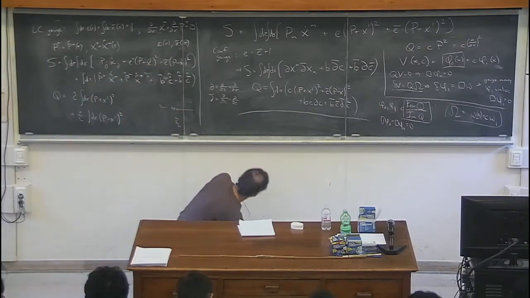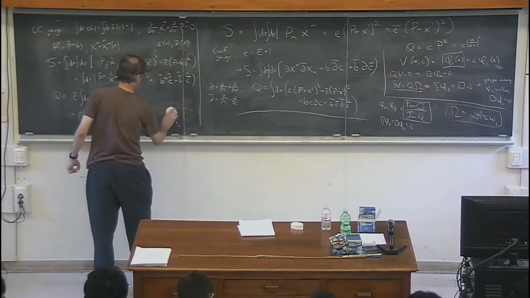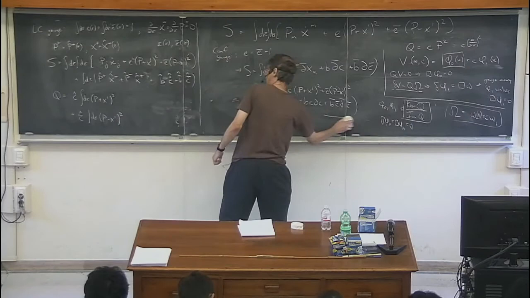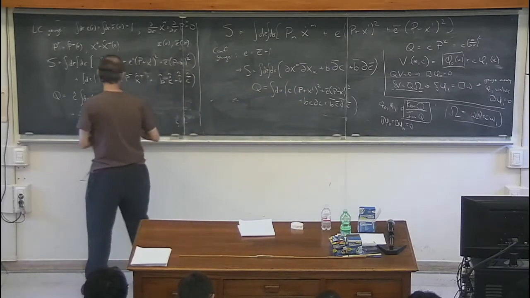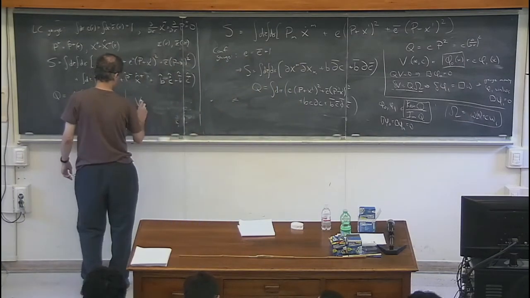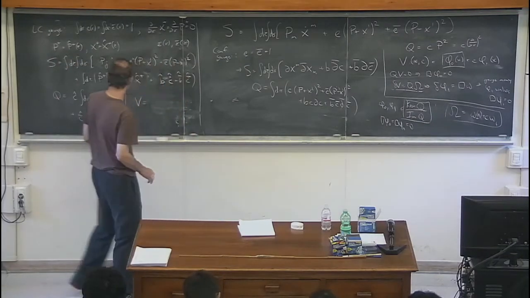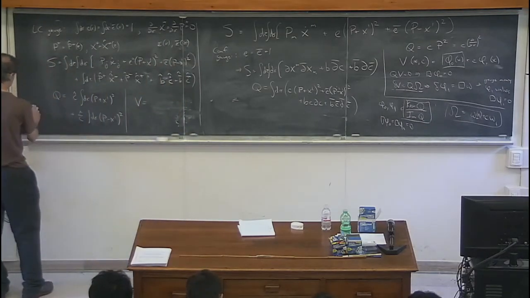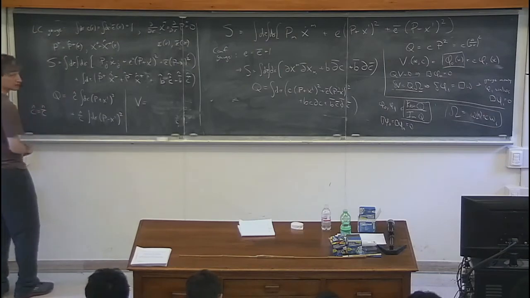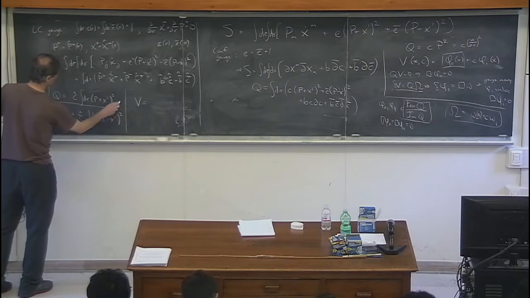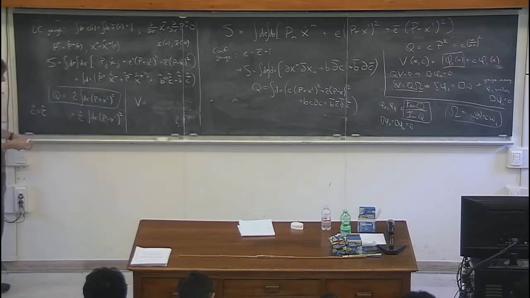Okay, so now let's look at the cohomology. So here, let's just do the open string. So for the open string, C hat is equal to C bar hat. Okay, and so I really only have to look at Q. If I was doing the closed string, it would be slightly more complicated.